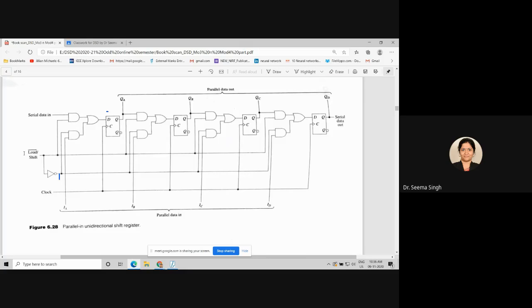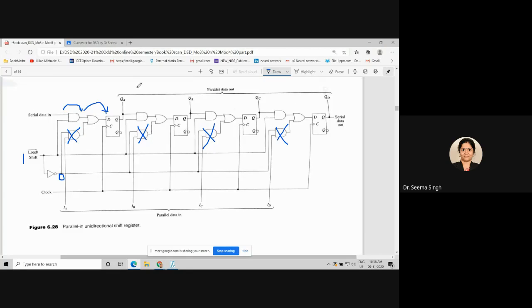So if it is a 1 here, here it will be a 0. Now your second AND gate is not in working mode. In parallel in, it was in working mode, but now this second AND gate is not in working mode. So when this 1 goes in, your serial data will go in, and this serial data will pass from here to here, and it will behave as your normal shift register.